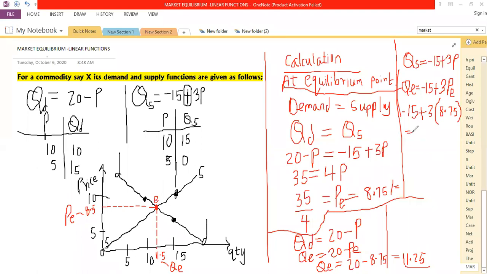That should give us what? Again, we have the same amount of 11 units, 0.25.